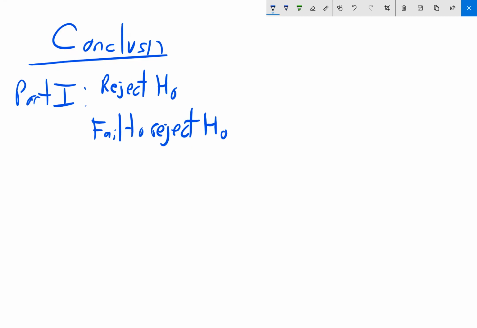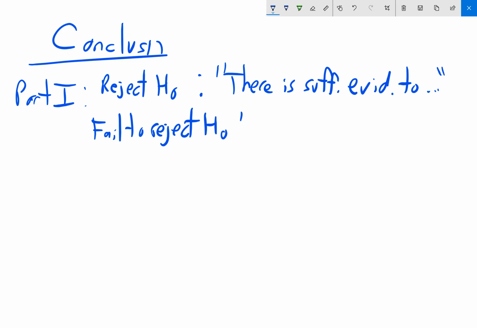If the conclusion rejects the null, then the beginning of the sentence would be, there is sufficient evidence to. If we fail to reject the null, then the beginning of our conclusion sentence will be, there is insufficient evidence to.